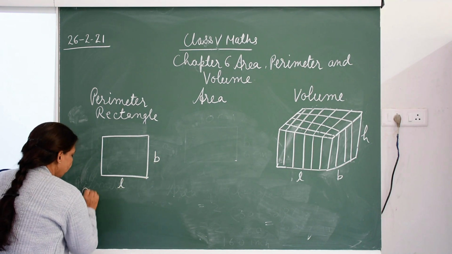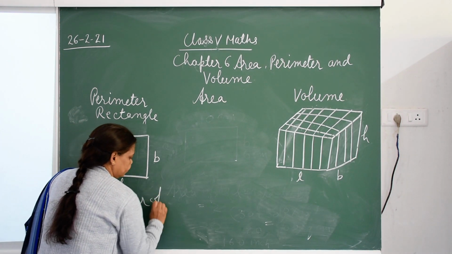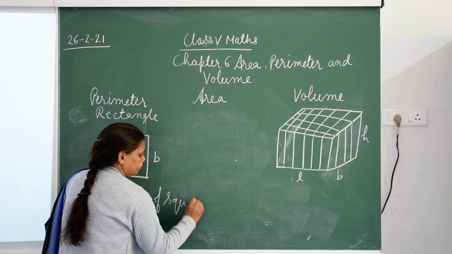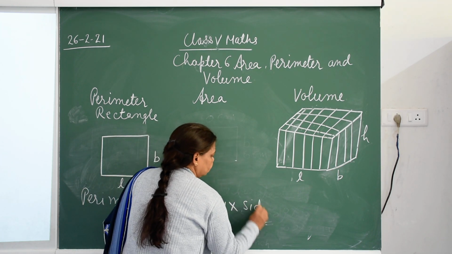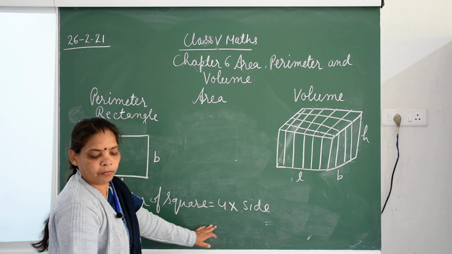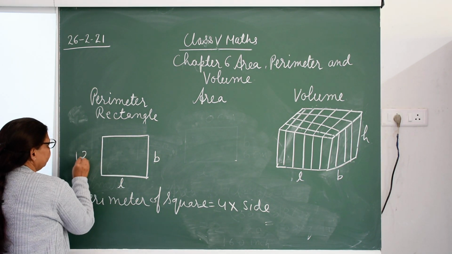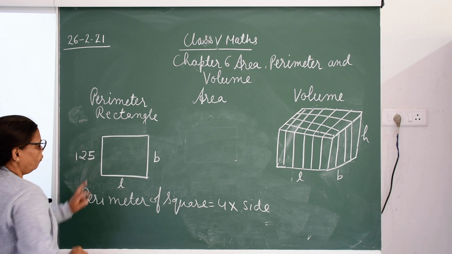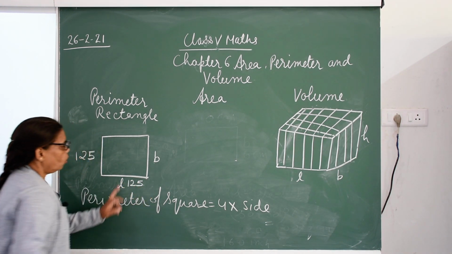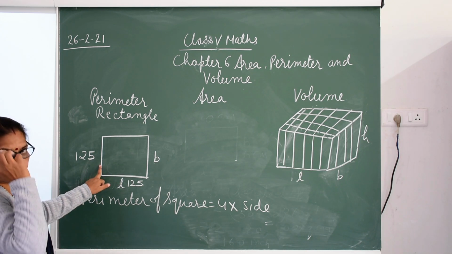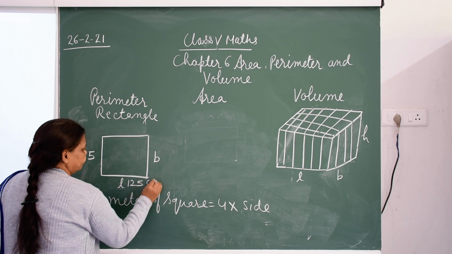So formula of perimeter of a square is four into side, the length of one side. So we will take the example 125 breadth and 125 length. All sides are equal, so measurement is also equal. Centimeter.